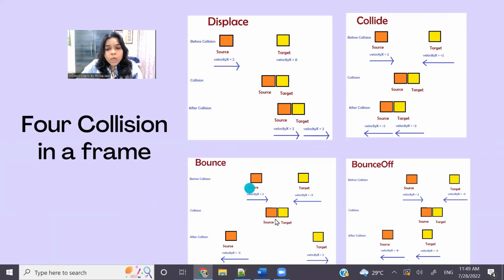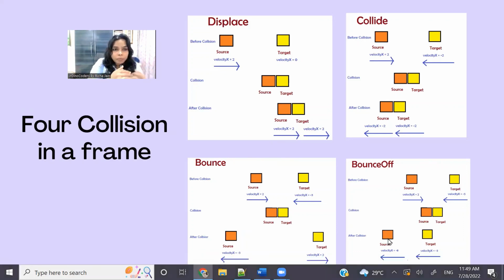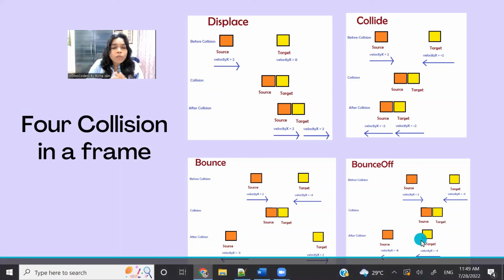In bounce, both the velocities are interchanged after collision, and in bounce off, there is no change in target's velocity, while source velocity is reversed and multiplied. Basically, it increases based upon the velocity of target. Bounce off is the most used type of collision when we do game programming.